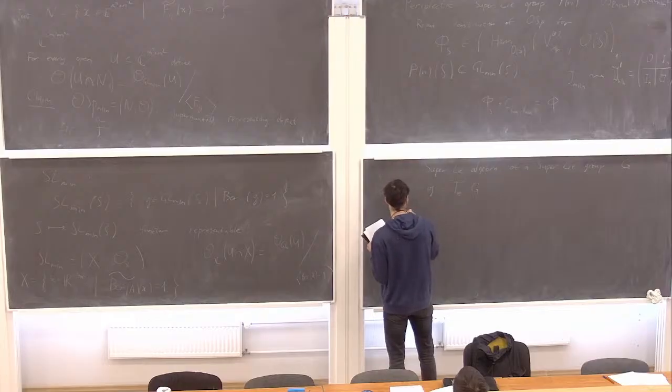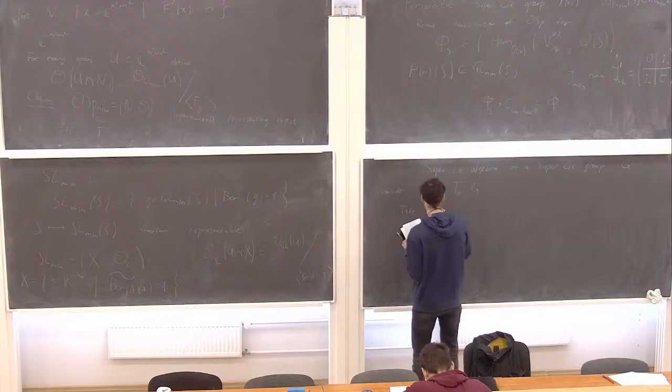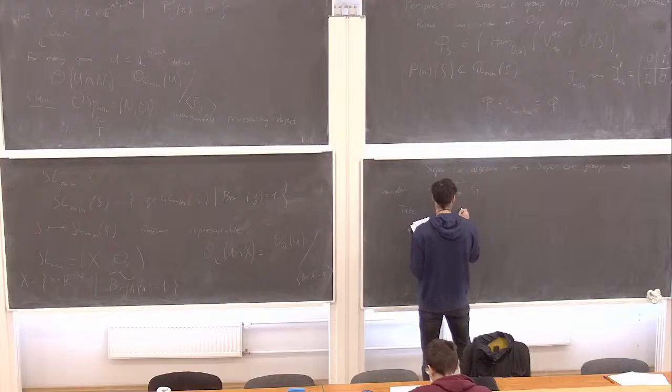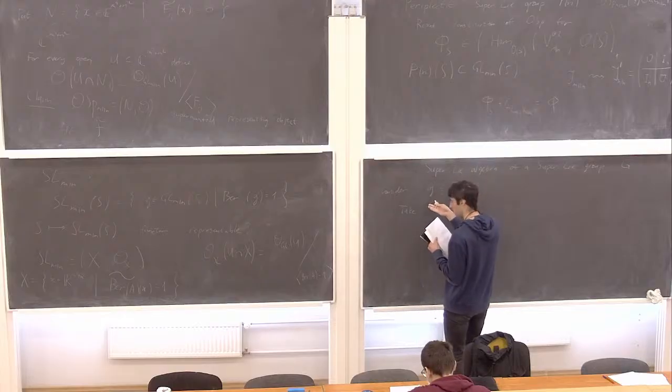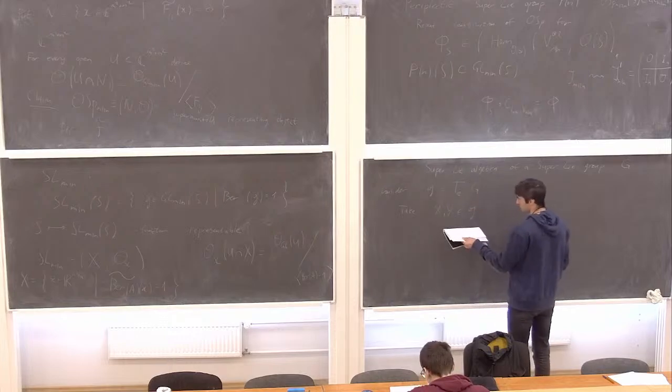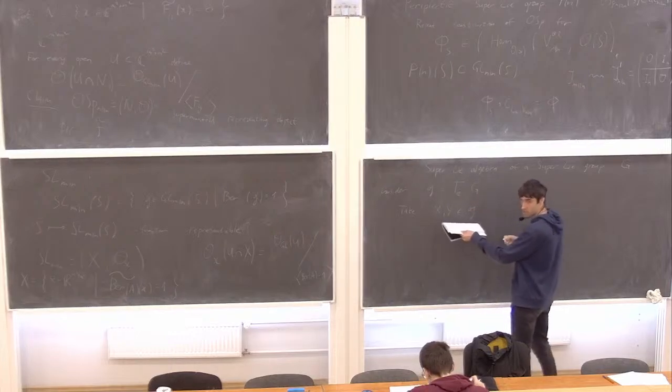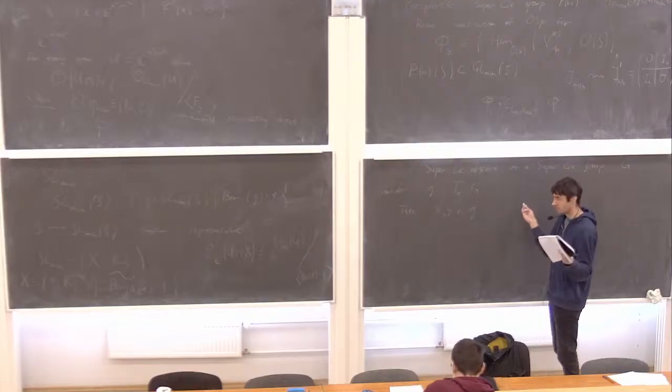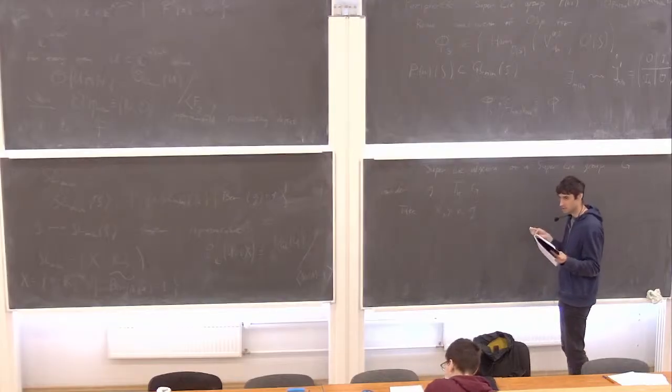All right. So let me take two elements, x and y, from g. So I would like to just define a Lie bracket. And I will do this first for homogeneous elements, and then extend by linearity.